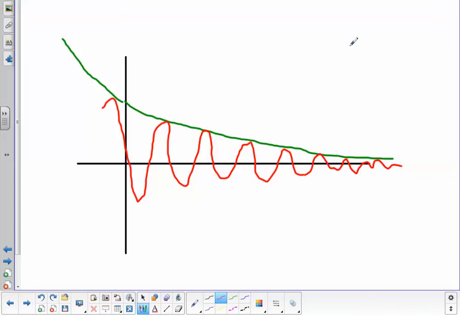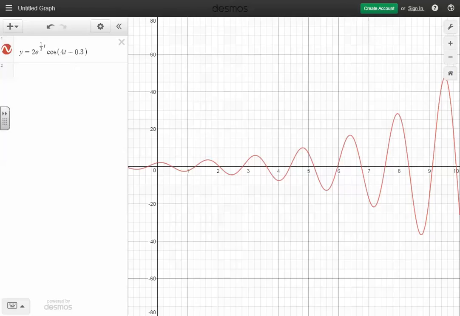Okay, so let me see if I can get the graphing app to show us something like that. Yeah, okay, there you go. So 2e to the 1/3 t, a positive exponential, and then times a cosine, and we have a beta of 4 and a delta of, well, the delta would be positive 0.3 because the negative was built in. And you see the up-down behavior, but growing as time goes on.